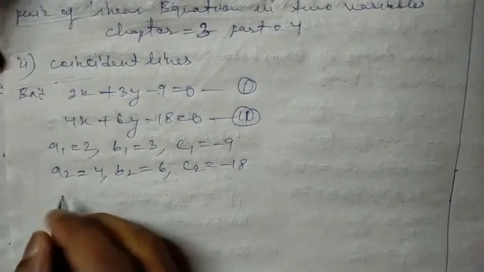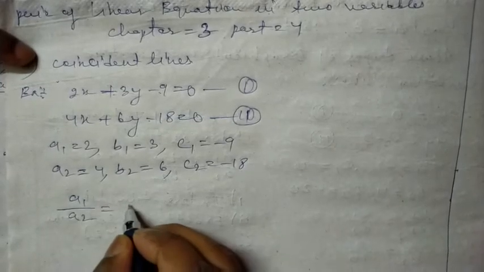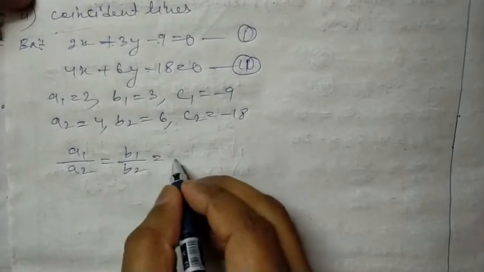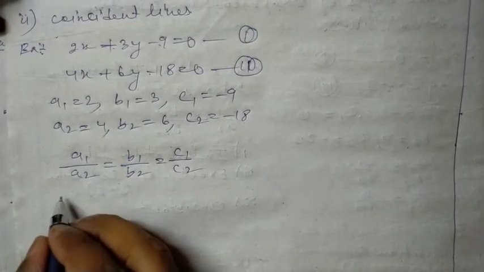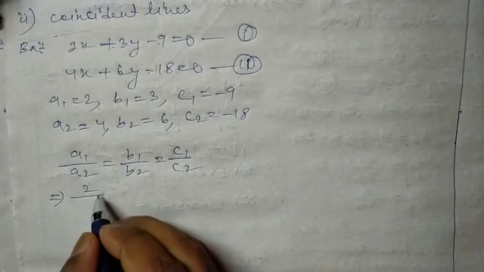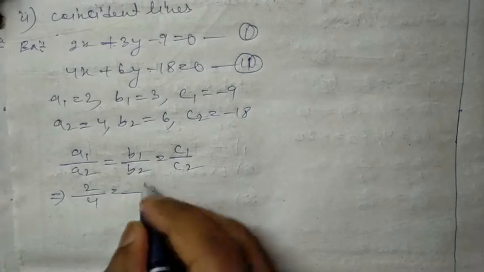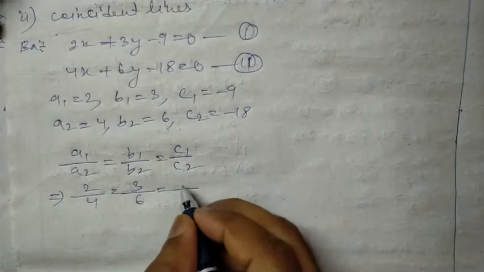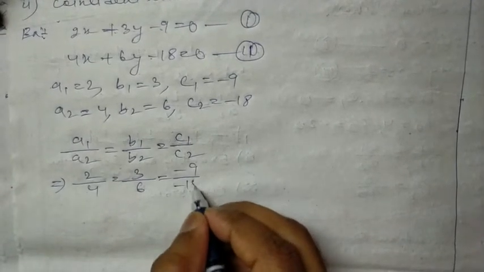So here we see A1 upon A2 is equal to B1 upon B2, equal to C1 upon C2. Here A1 is 2 and A2 is 4, B1 is 3 and B2 is 6, C1 is minus 9 and C2 is minus 18.